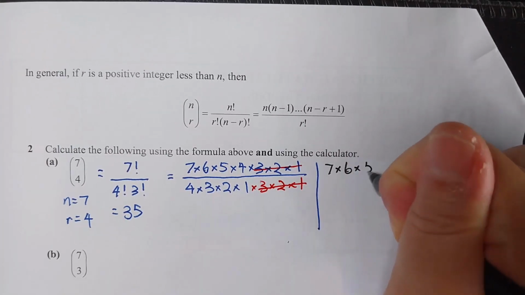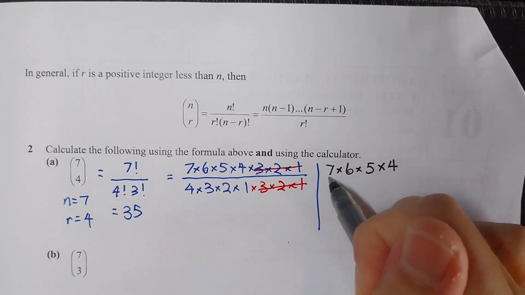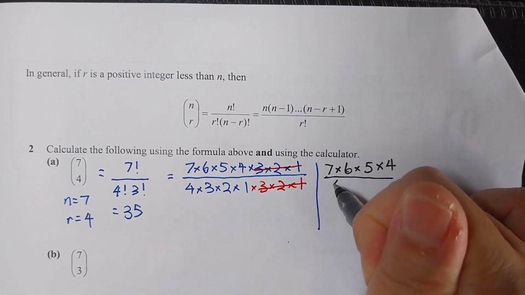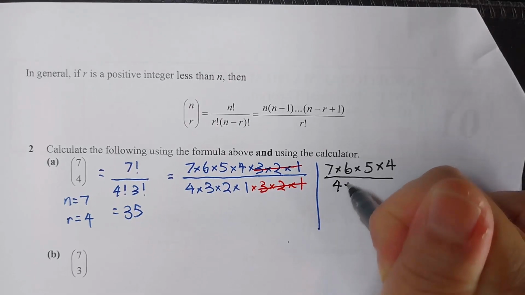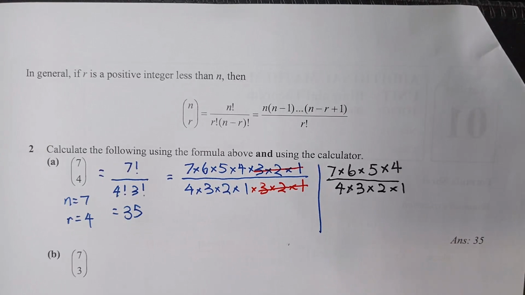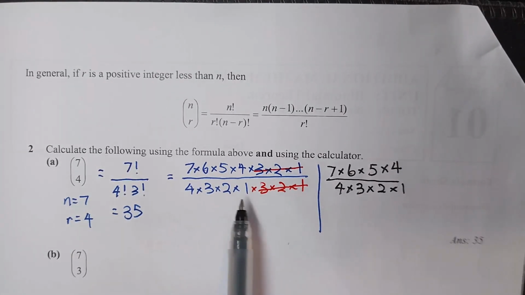So I'll multiply until I reach 4. And the denominator will simply be r factorial, which is 4 factorial, 4 times 3 times 2 times 1. And you will see that actually these two formulas are the same.